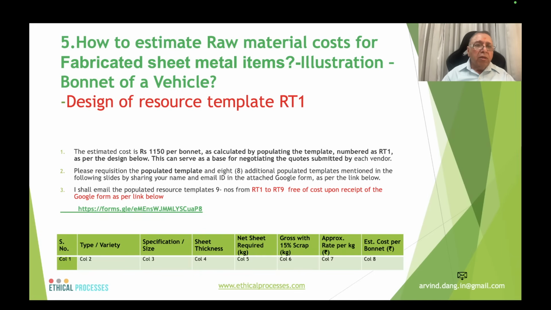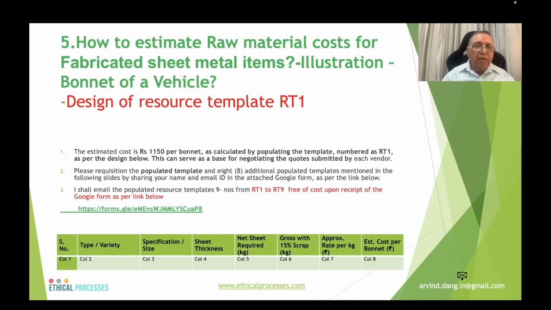Now this computation is done in a resource template called RT1, resource template 1. The estimated cost in our illustration is rupees 1150 per bonnet, and this I will be sharing with you.